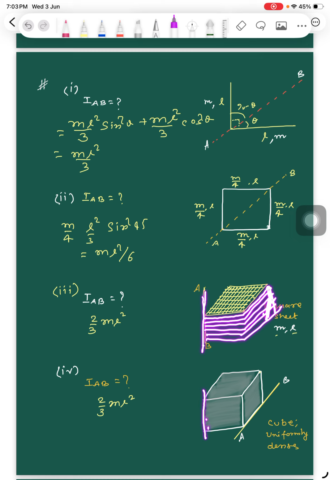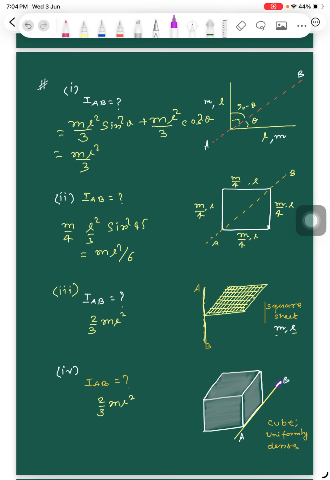So moment of inertia about this will be given by the same formula, because each layer has the same expression for I. Only thing is that mass will be distributed, but if you distribute m1 in this layer, m2 in another layer, m3 in another layer, and L is the same, then if you add, you will get total mass added up and then 2 by 3 and L square.